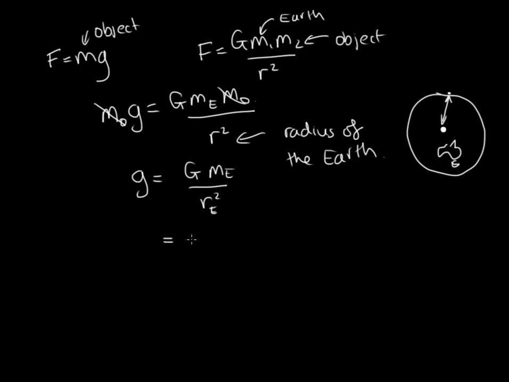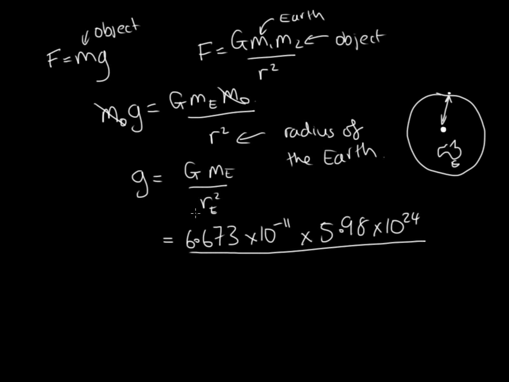This is equal to 6.673 times 10 to the minus 11, our universal gravitational constant, times the mass of the Earth, which is 5.98 times 10 to the 24 kilograms, over the radius of the Earth, which is on average 6.37 times 10 to the 6 metres, and then we need to square that. Solving this on the calculator, we get 9.83 metres per second squared.